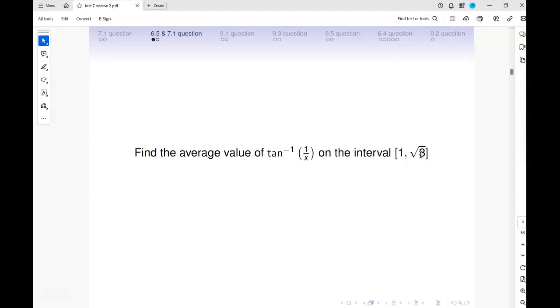Notice the label here. This is a 6-5 and 7-1 question. Again, there should be no calculator.